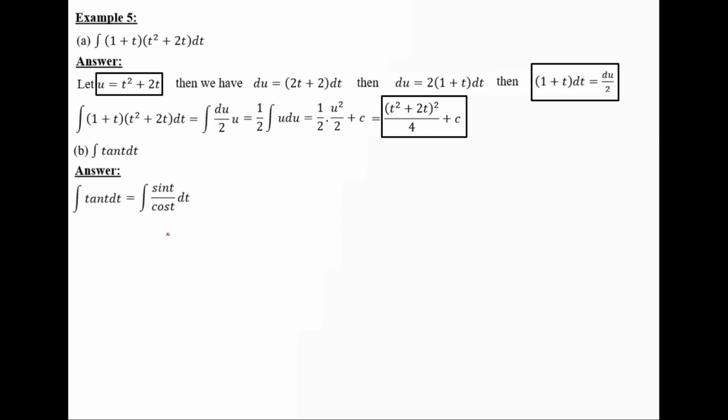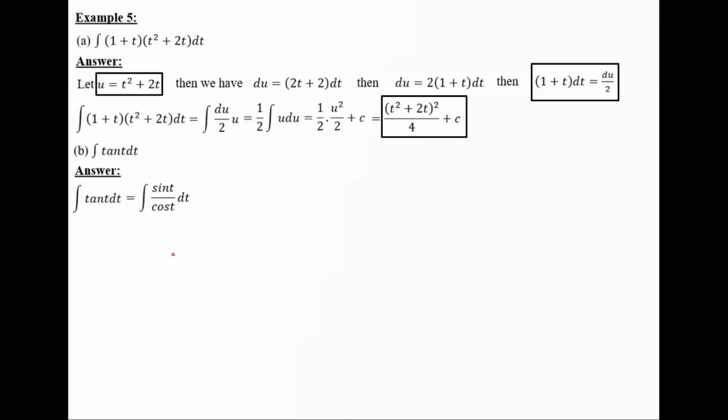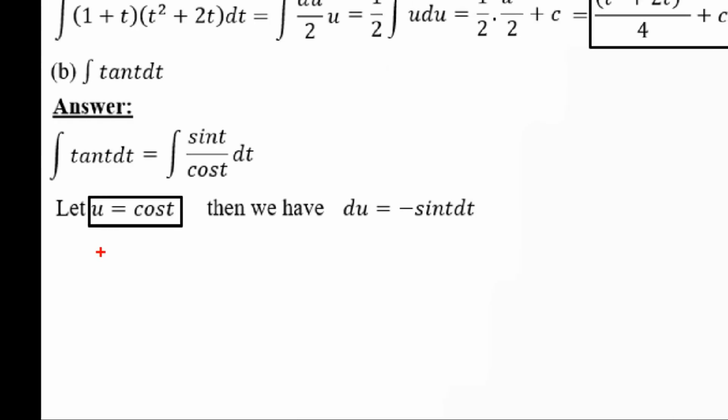You can check out both methods, and it's going to be easier for us to assign the denominator to be the function u. So I'm going to say that u is cosine t. This is the first step. Then the second step is the differential one. Then we have that du would be the derivative of cosine t, that would be minus sine t, and we don't forget the dt.